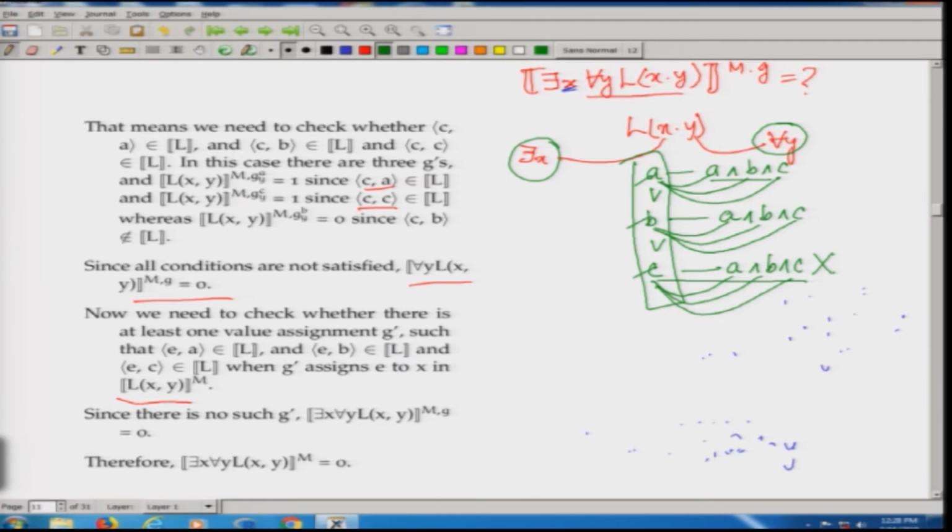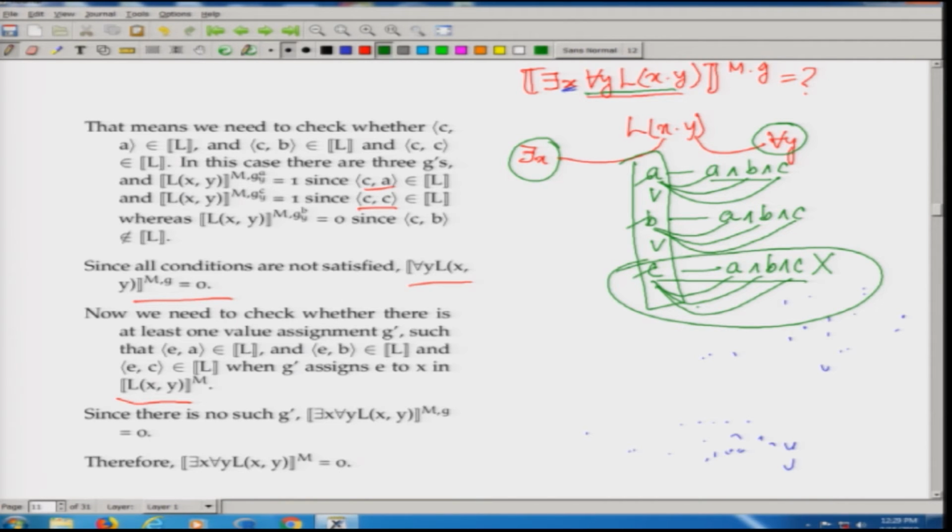Now this is something we need to understand: the first step we did, that is this much, is this checking, but still we have to check. Had it been all, then it would be enough for us, because we can see that at least one thing does not satisfy. But because it is not all, because it is some, we need to check more. We need to find whether there is anything that satisfies.